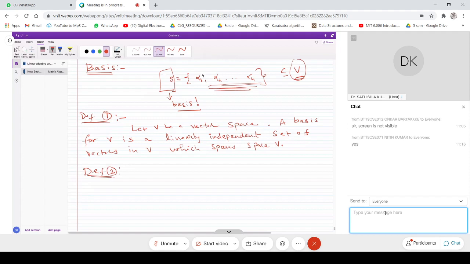Suppose you take a set S = {alpha 1, alpha 2, ...} of vectors. A set of vectors is a basis of V if it has the following properties.